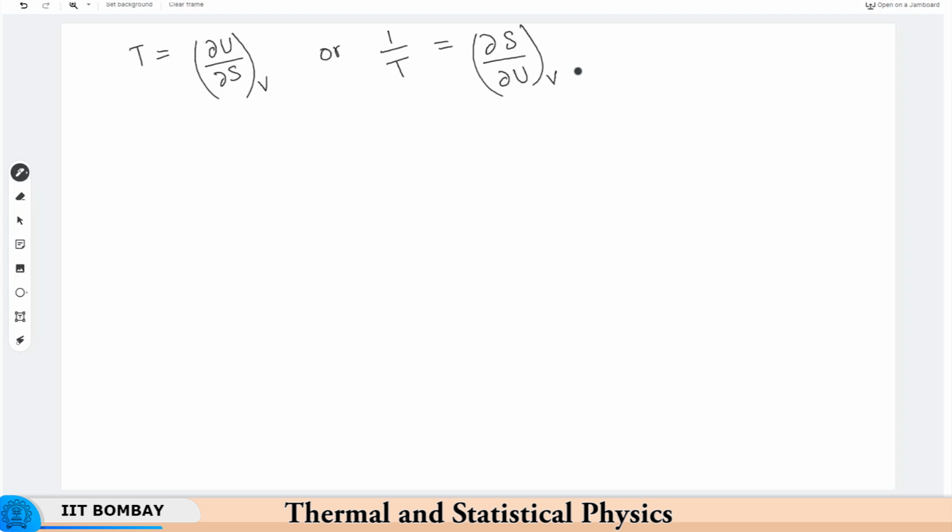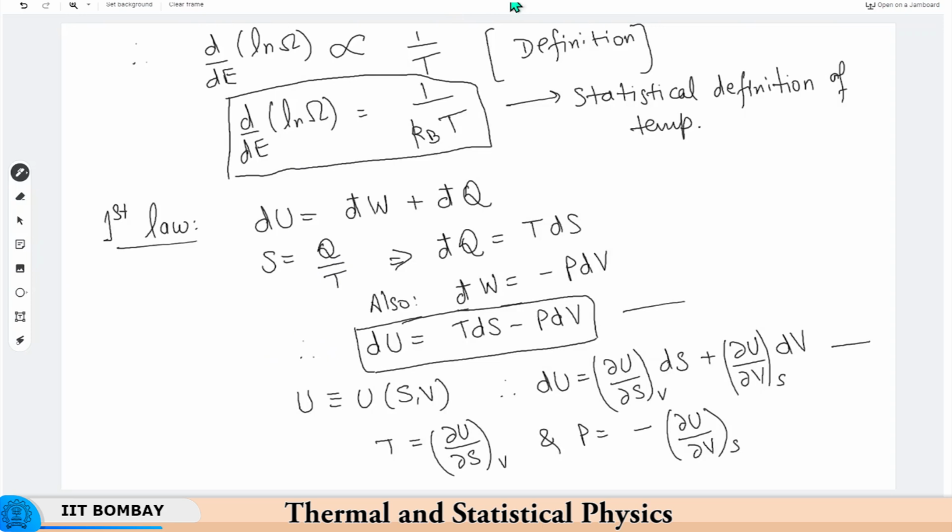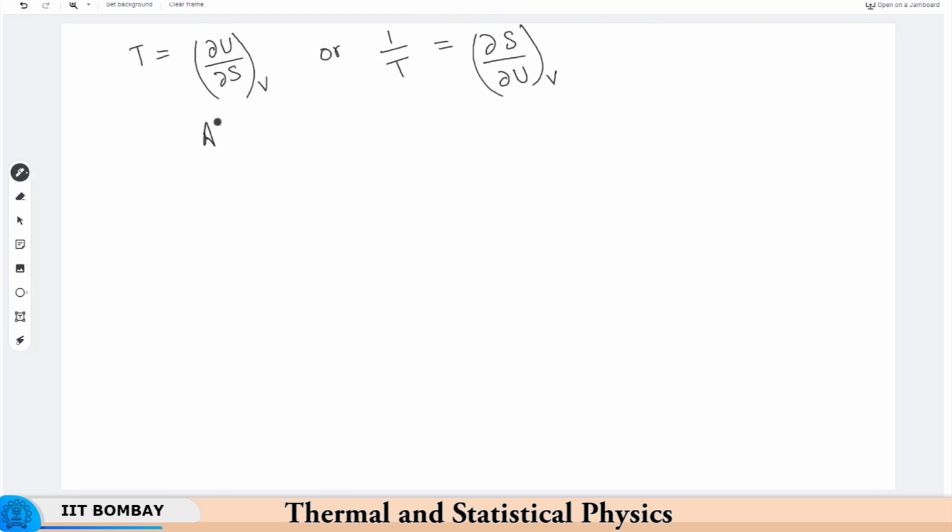But also from the statistical definition of temperature, what is inverse T? That is Kb times d by dE of log omega. Also, 1 by T equals Kb times d by dE of log omega.